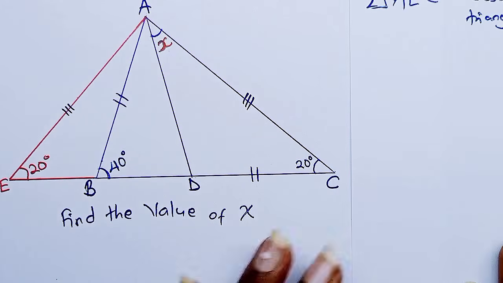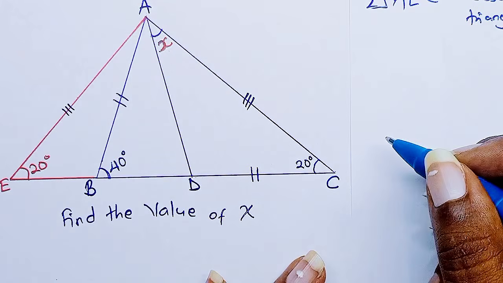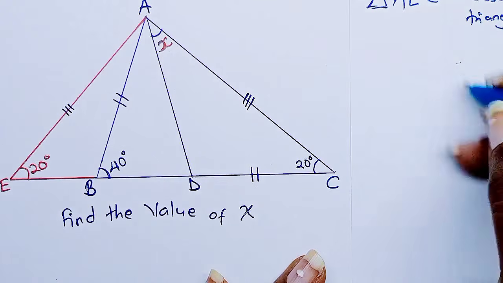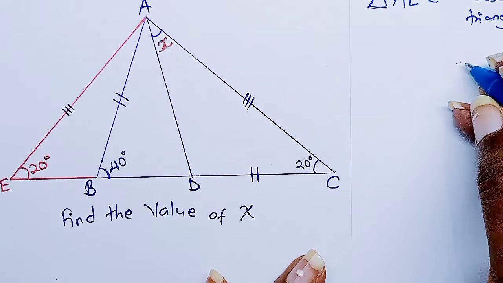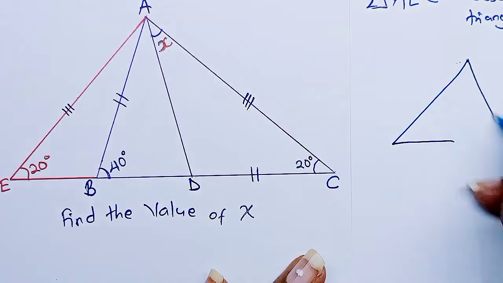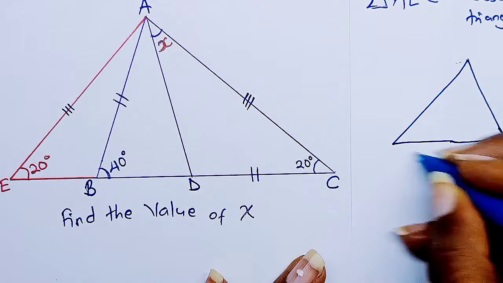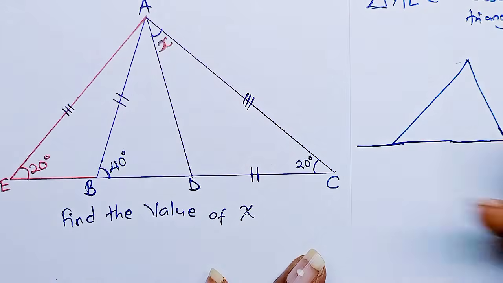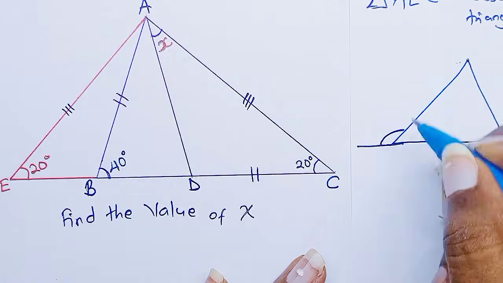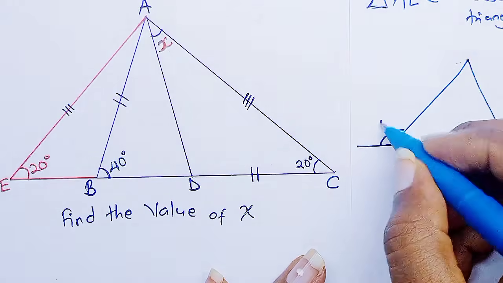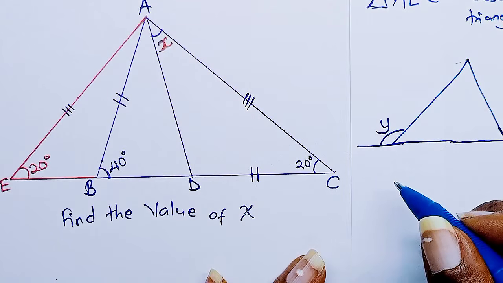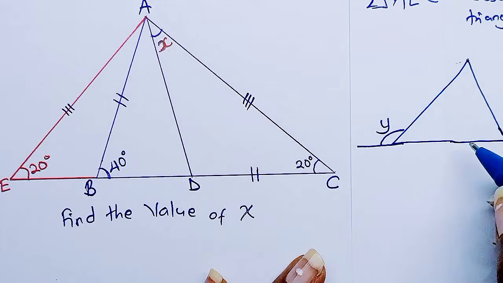Now we know that from the exterior angle theorem, if you have something like this, the exterior angle of a triangle, say this one here is y, which is the exterior angle, is equal to the sum of the two opposite interior angles.